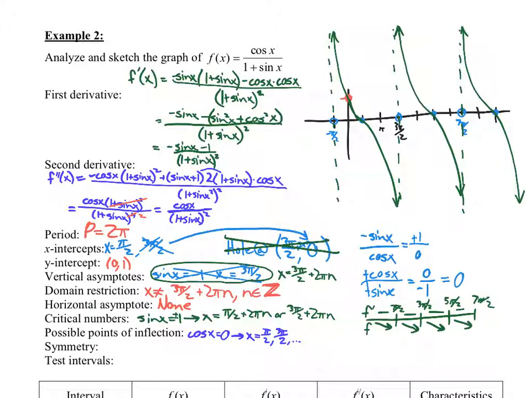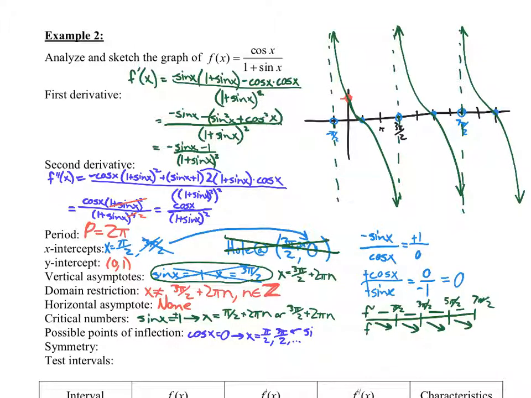Or when 1 plus sine x is 0, when sine is -1. And we already stated above that sine is -1 at 3 pi over 2 plus 2 pi n. So we already have that accounted for right here.